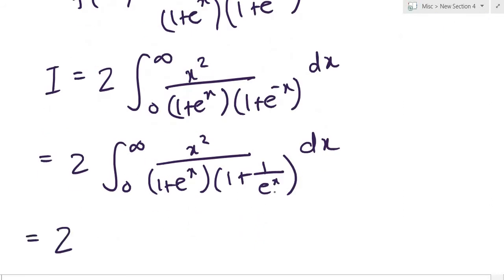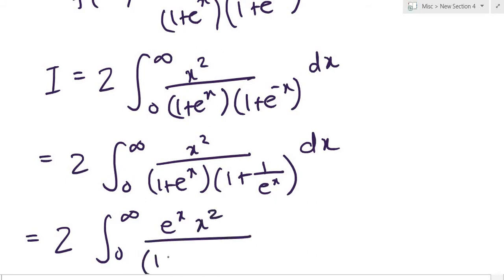And now this denominator gets multiplied in the numerator. So 0 to infinity of e raised to x times x squared, and in the denominator we have 1 plus e raised to x, and then when we cross multiply we have e raised to x plus 1. So it's essentially e raised to x plus 1, the whole thing squared, dx, right?